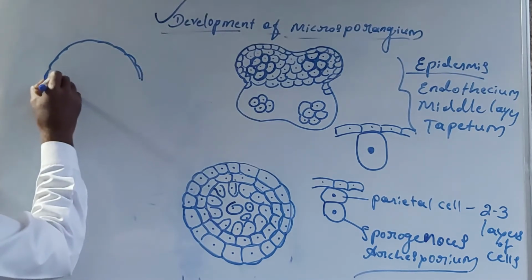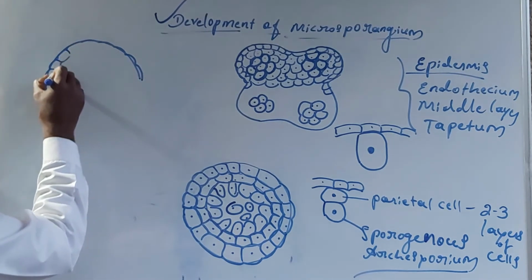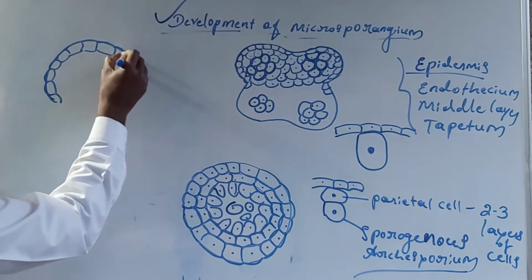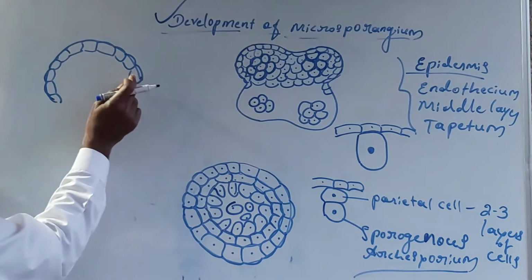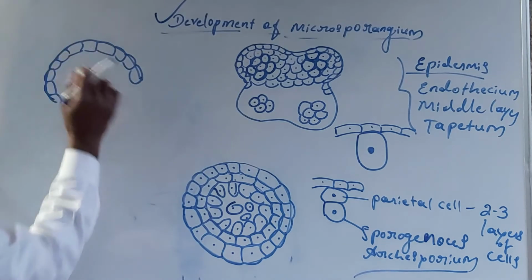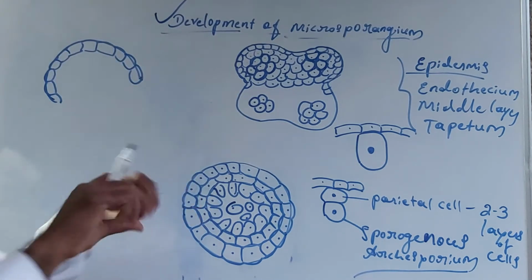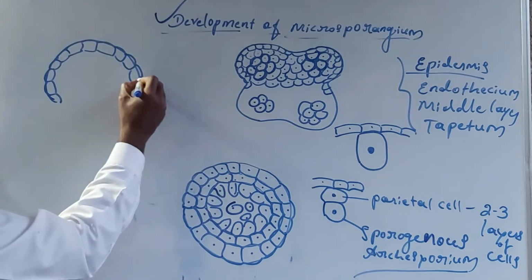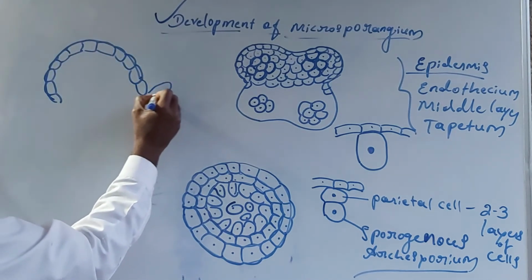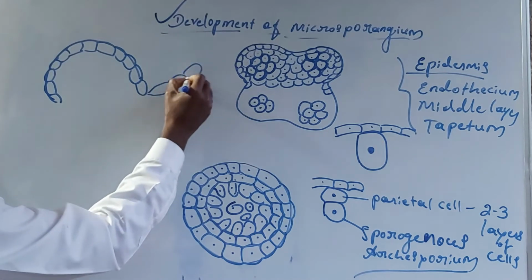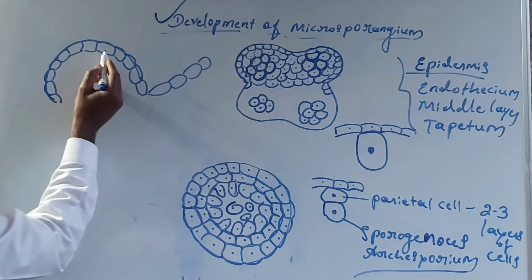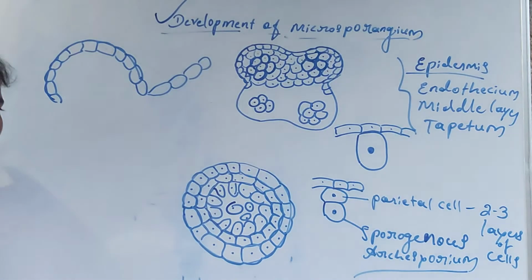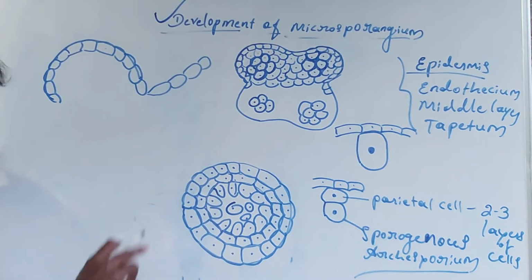The cells of the epidermis are barrel shaped, arranged side by side to form the layer known as the epidermis.